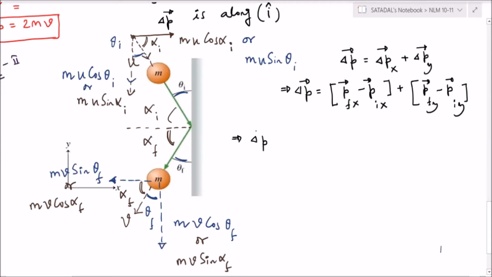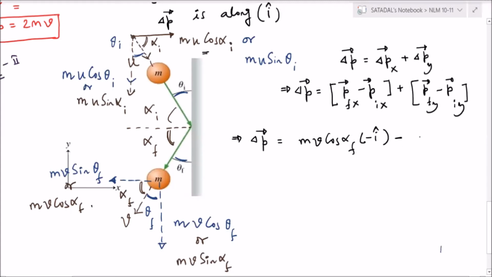So now delta p vector, tell me what is the final component of momentum along x. Let us first deal with alpha, then I will take in terms of theta also. So final component along x is going to come mv cos of alpha f, minus i cap. Look at the diagram, this one, right? Minus. What is initial?